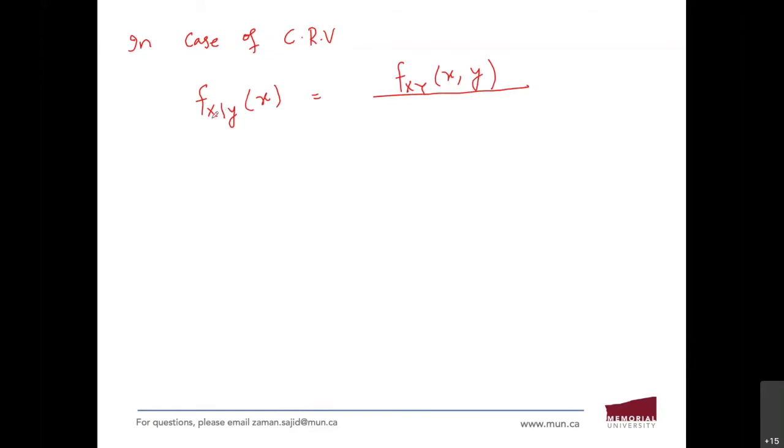Because we are talking about x here, this one will be for y. In terms of f of y given that x, or the y variable, this is equal to the joint probability distribution divided by your f of x, because I need it for f of y.